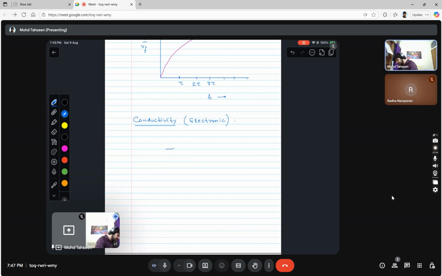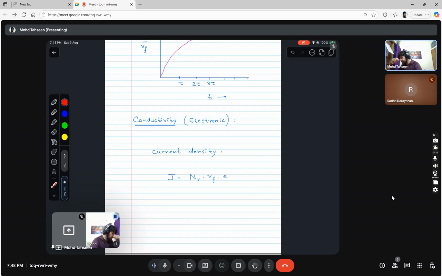The current density J is given by n times e times vf.